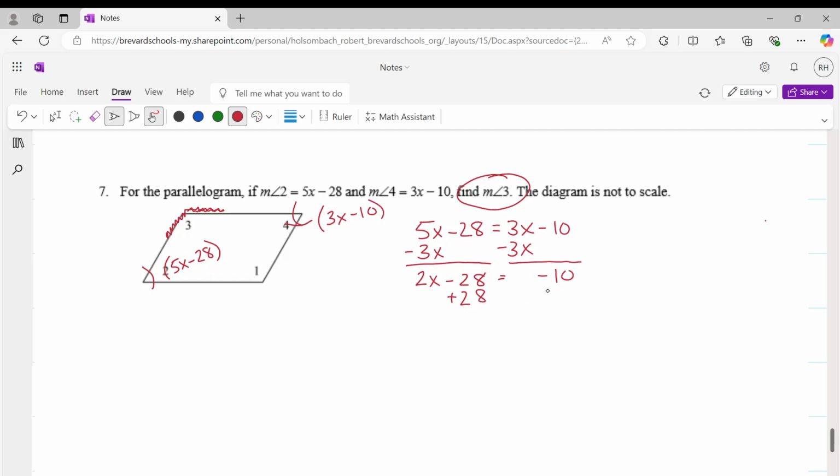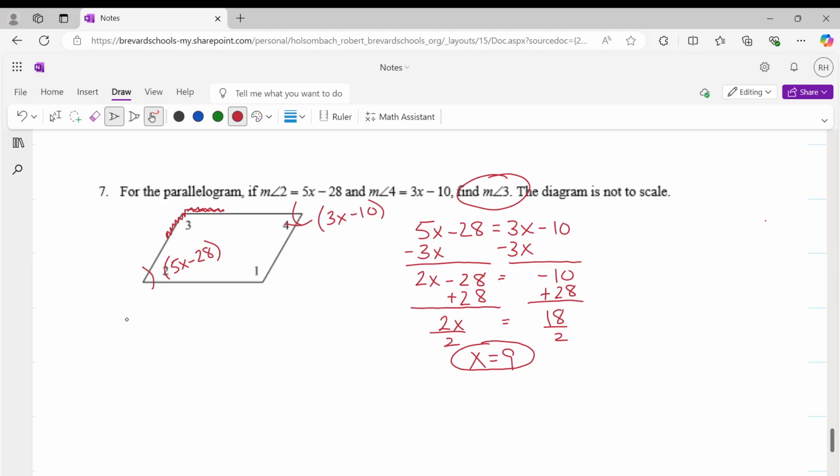Add 28 to each side. 2x is equal to 18. Divide each side by 2. So our x is equal to 9. If our x is equal to 9, we're going to find the measure of angle 2.